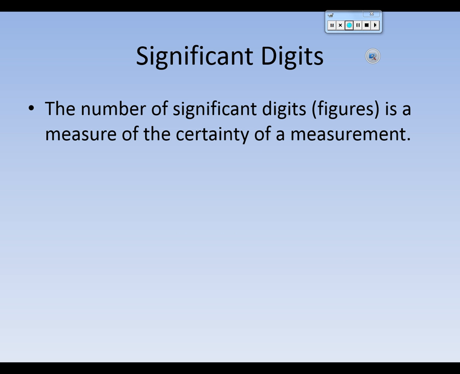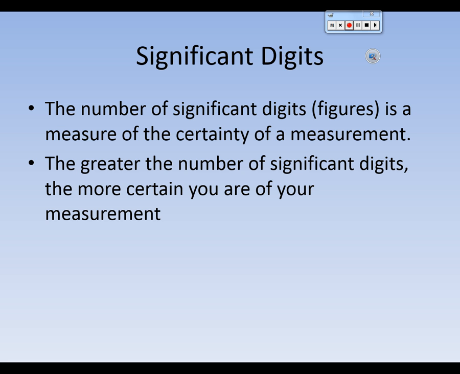So, significant digits are a measure of the certainty of your measurement. Remember, we don't know any values for sure. There are acceptable measurements and unacceptable measurements. There are some measurements that we might feel a little more certain about than others, depending on the ruler that we use, but we never know anything for sure. All we can talk about is how certain we are.